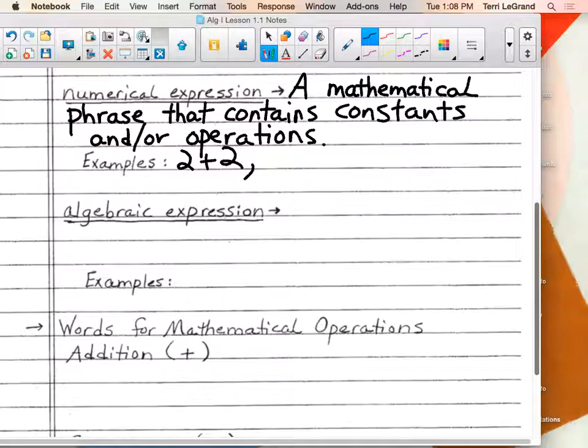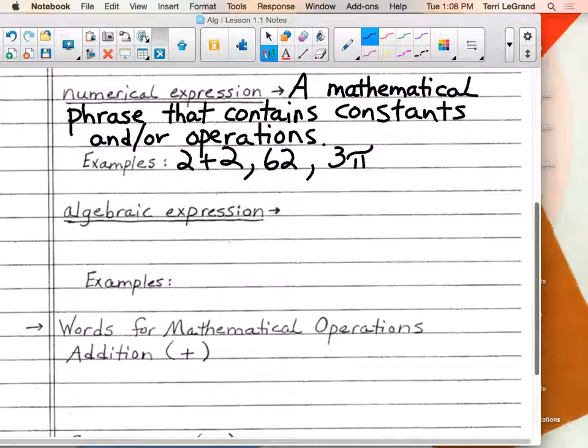How about just 62? Is 62 a numerical expression? Yes. Does it have to have an operation? No, it just has to have a constant. How about this? 3 pi, would that be a numerical expression? What's happening there? Multiplying. We have a constant 3 being multiplied by another constant, pi.